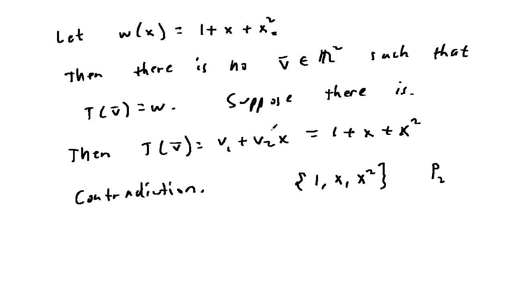That's a different way of writing this polynomial, but there's only a unique way of writing it as a linear combination of those basis vectors. So that's why we have a contradiction here. Our supposition that there was some vector v that gets sent to w is false. So T is not onto.